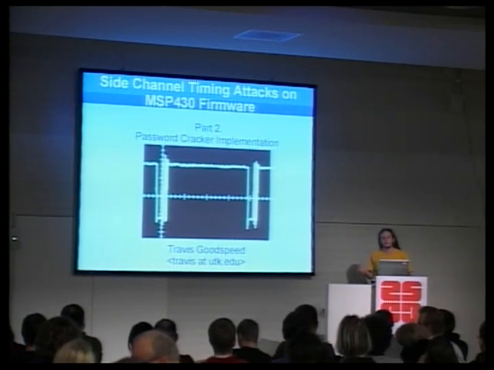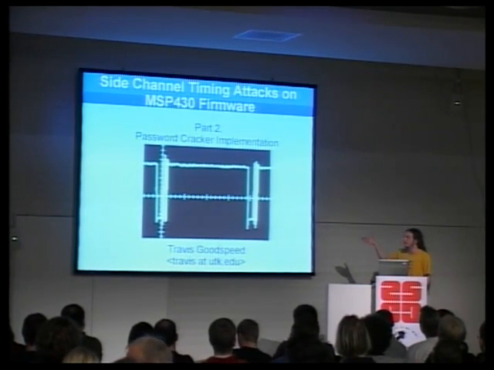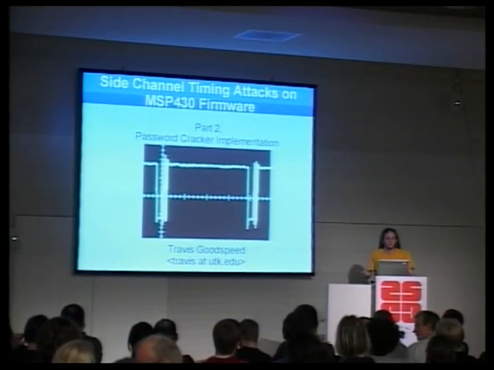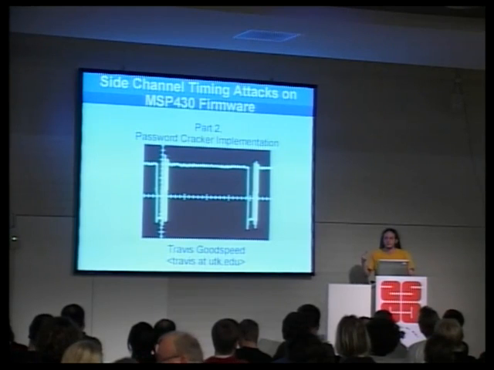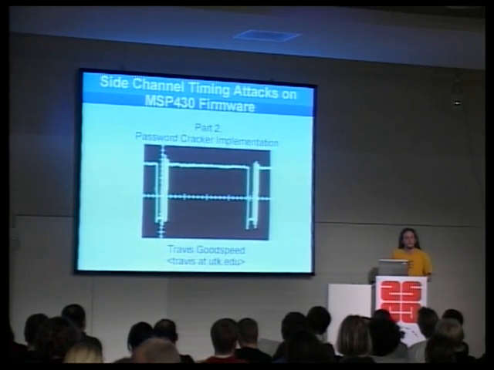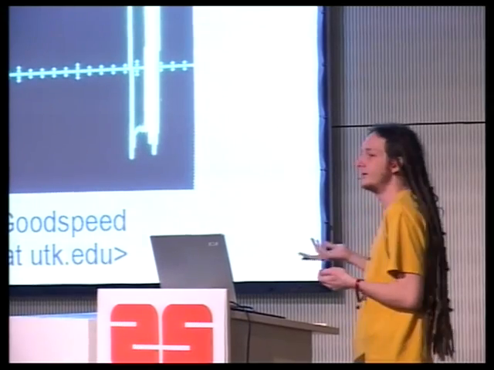So if you guess all zeros, and it happens, say, 6 clock cycles faster than an impossible password would be, then you know that the byte 0 occurs 3 times within the password. So you can run through all of the bytes, figure out how many times they each occur, and then you have the alphabet of the password. So you'll then have 32 or fewer potential letters to try, and then you just rotate them through until you get the entire thing.